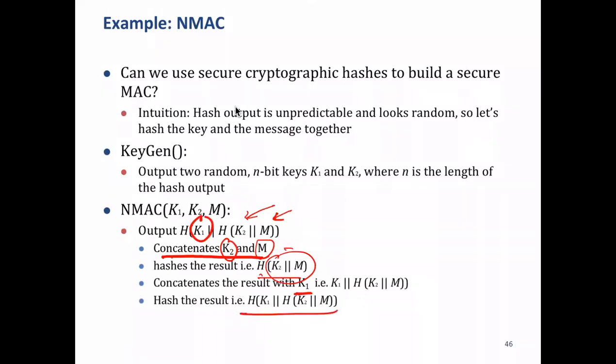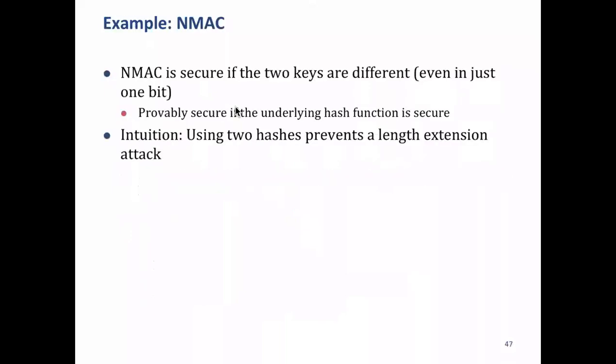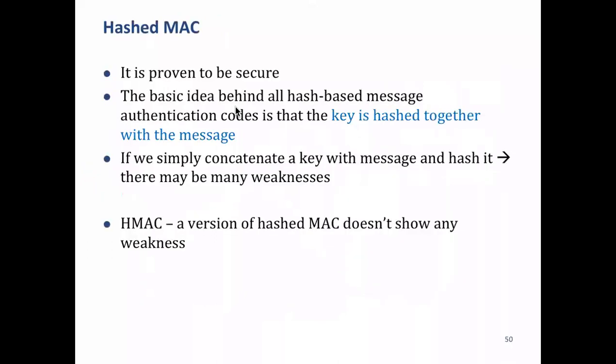So this is one way, and you can create a circuit diagram for this, but we'll just skip it. Something that is used is HMAC. It's proven to be secure. The basic idea is that the key is hashed together with the message.